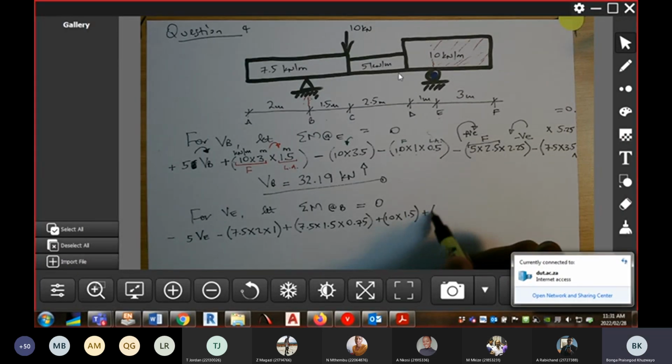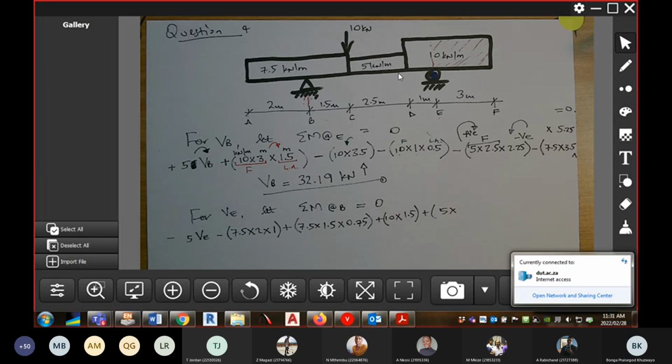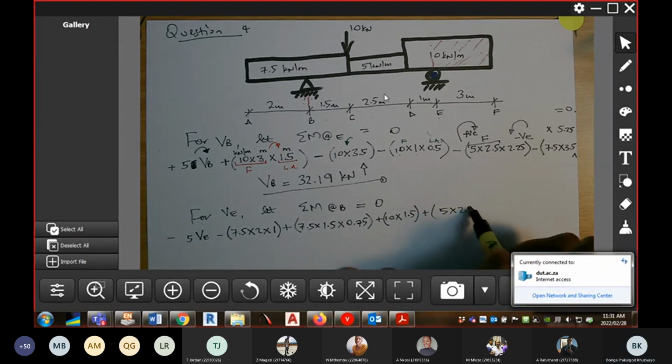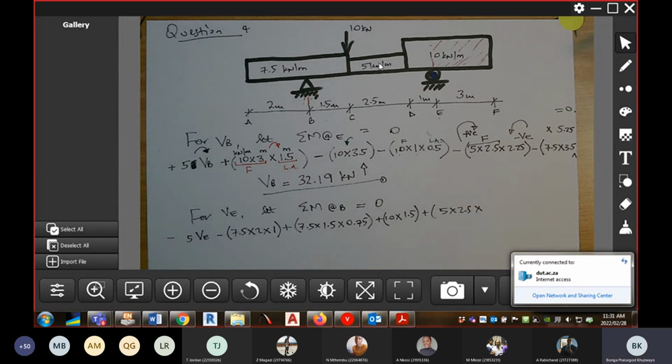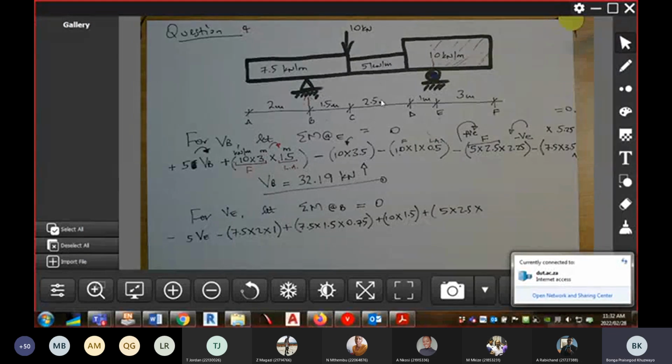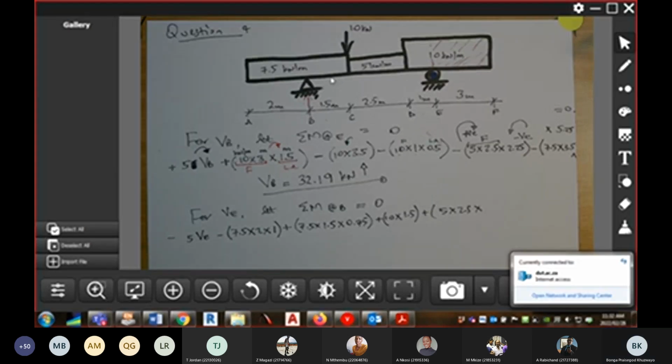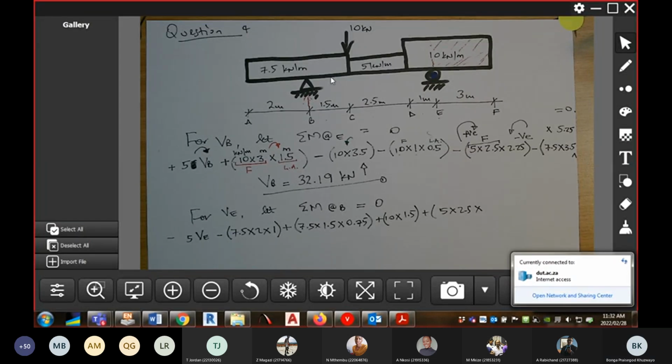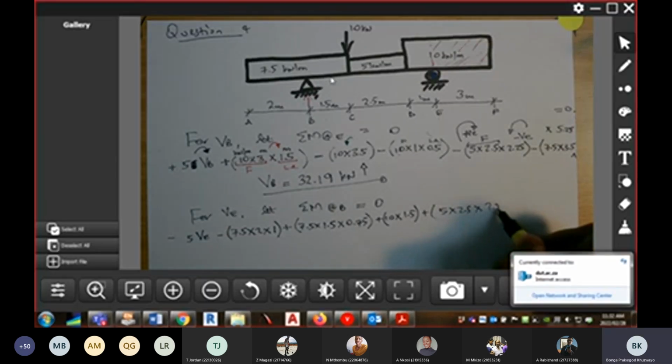So plus 5 over a distance of 2,5. And then we have a force acting somewhere here. Now, what is the lever arm for that force? So 2,5 basically divided by 2 and then plus 1,5. So you get 2,75.